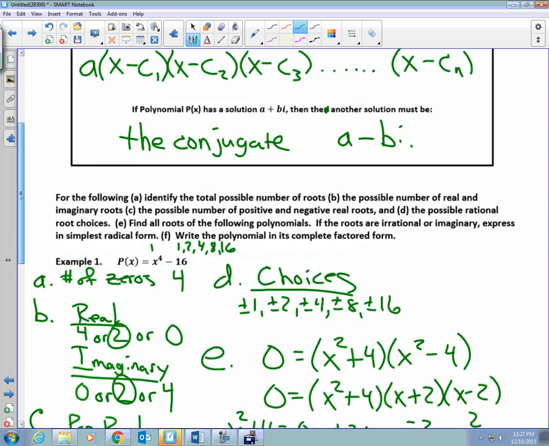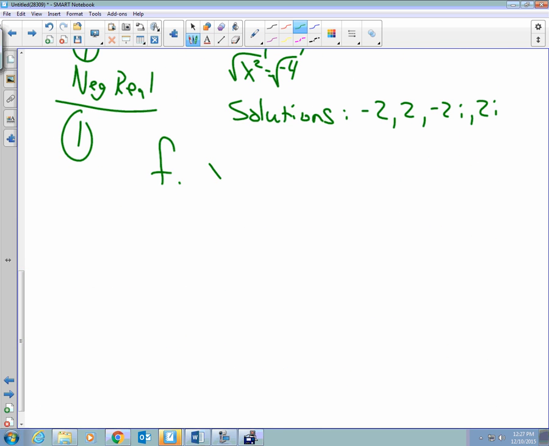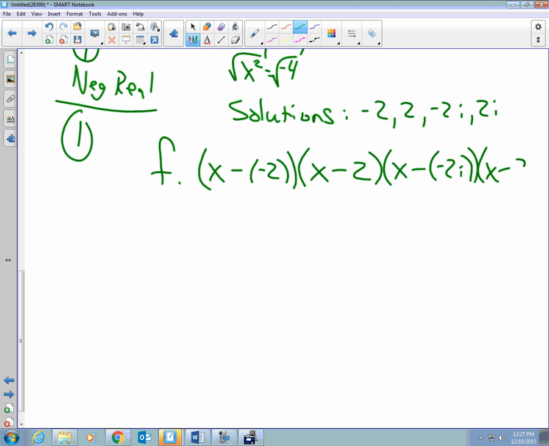So I'm going to choose to write this as x minus negative 2 times x minus 2 times x minus negative 2i times x minus 2i. If you want to write the plus instead, that's fine. I'm doing it now so you don't get confused when we do problem number 4. Okay? Any questions there?